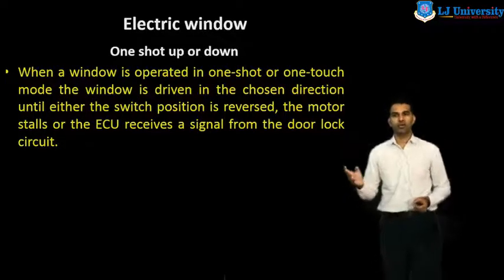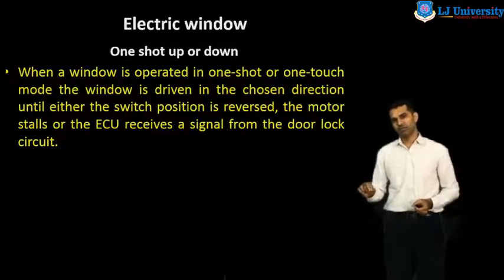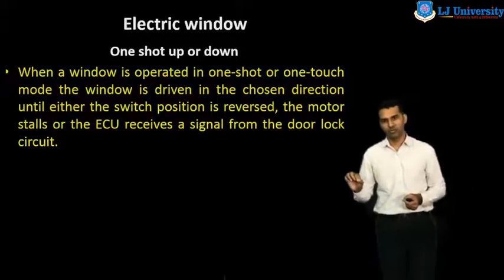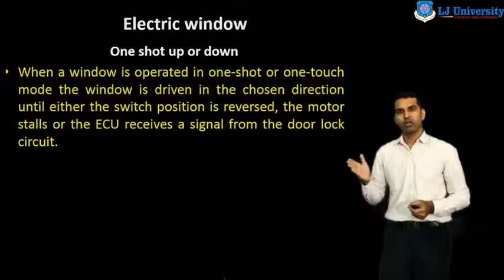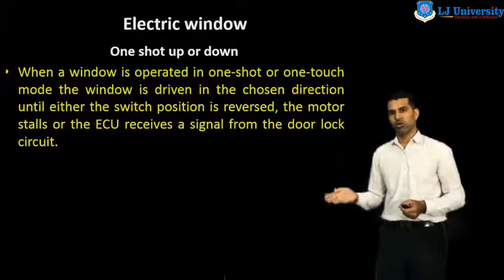So this is the feature of the one shot window. That means we do not need to continuously press the switch. By just pressing the switch one time, the window is closed or opened.